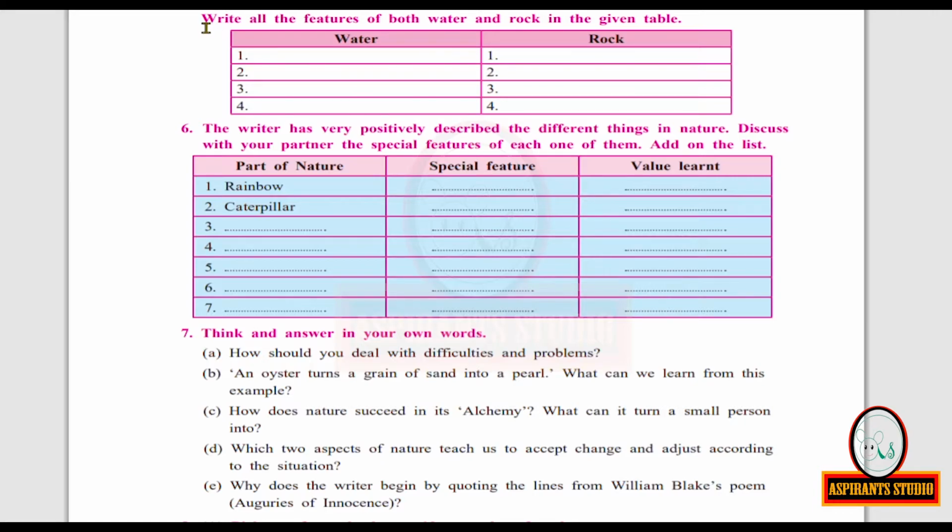Question number 5. The writer explains the contrasting features of water and rock in the lesson. Write all the features of both water and rock in the given table.